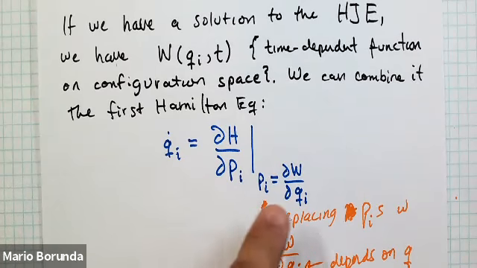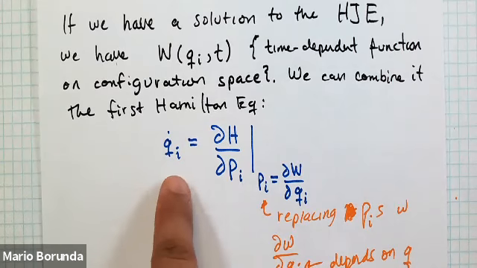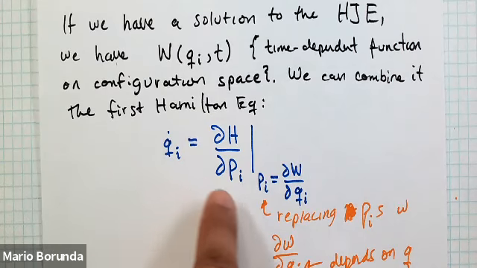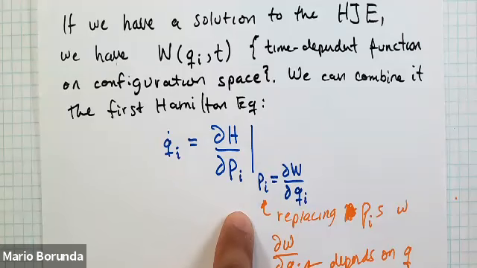So you have a classical wave function that depends only on your configuration space. You start in some point in configuration space, it evolves following this equation, and you obtain the classical path of the system. Okay?